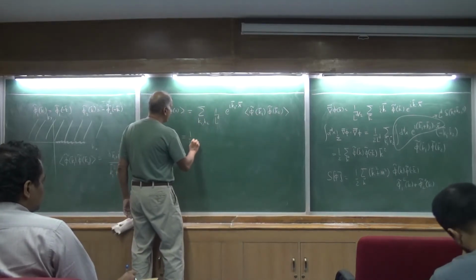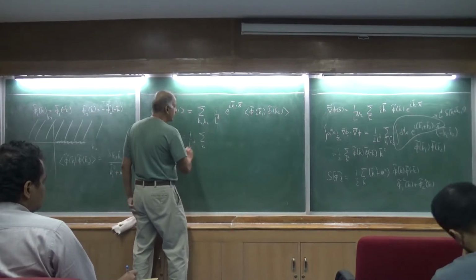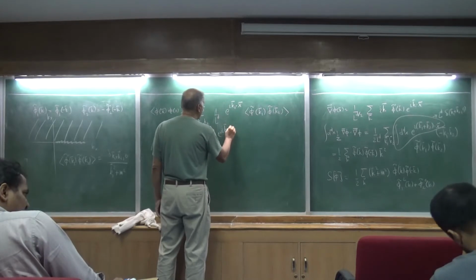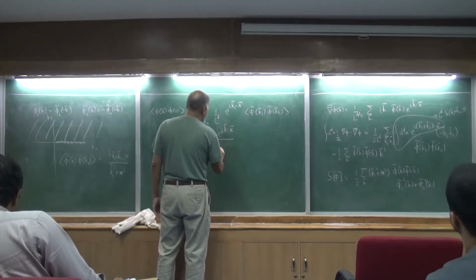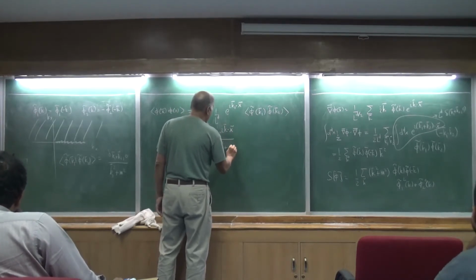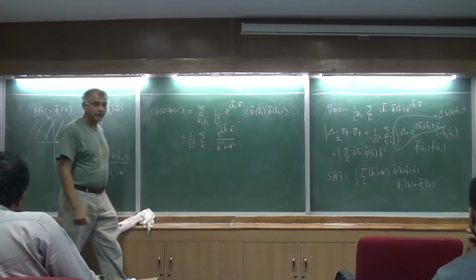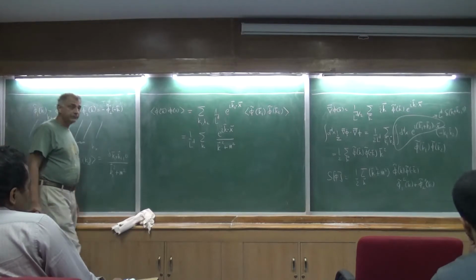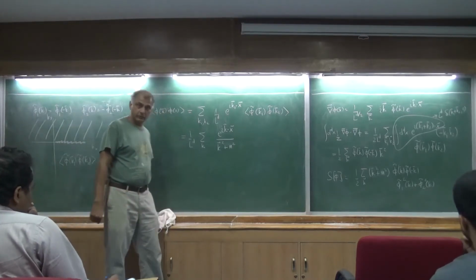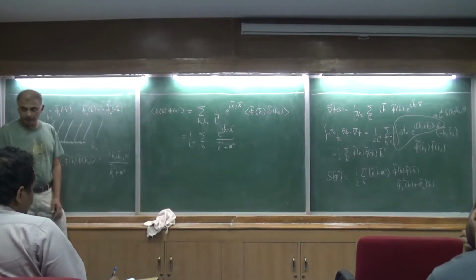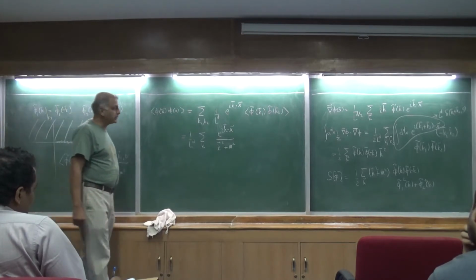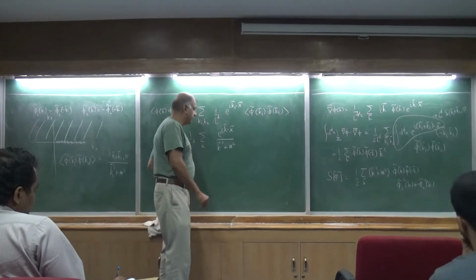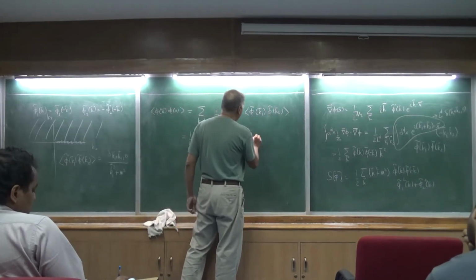So it looks like 1 over L to the d, the sum over k of that. Okay? And now it is convenient to convert this sum into an integral. You know that the spacing between the k is 2 pi over L. So this thing is basically the same as an integral.